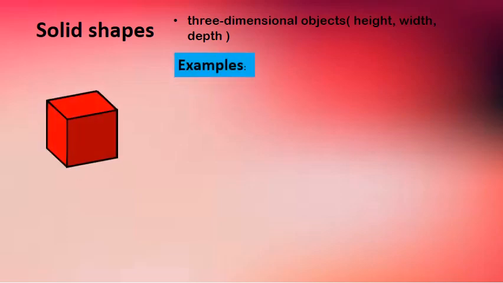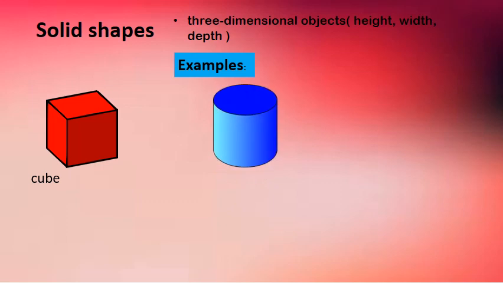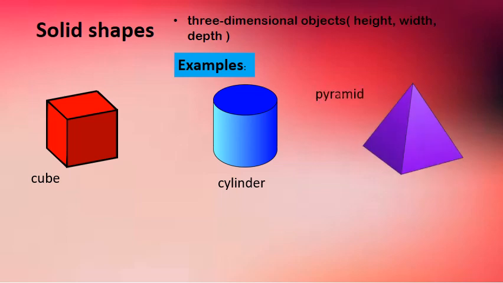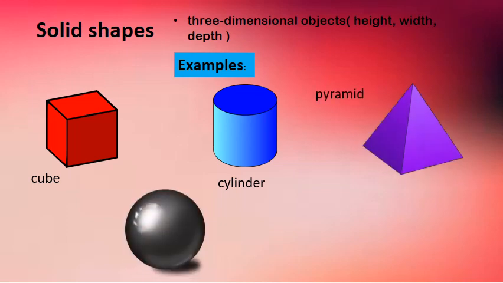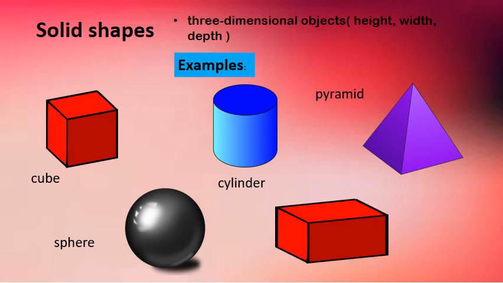We have cube, and the second is cylinder, and the third is pyramid, and the fourth is sphere. And lastly, we have cuboid. So these are only some of the solid shapes.